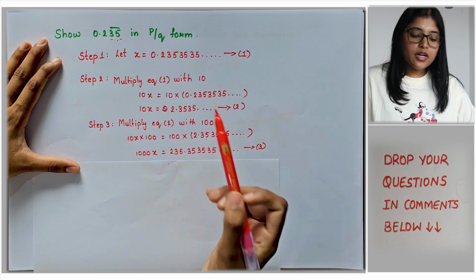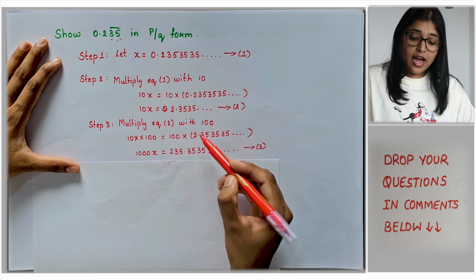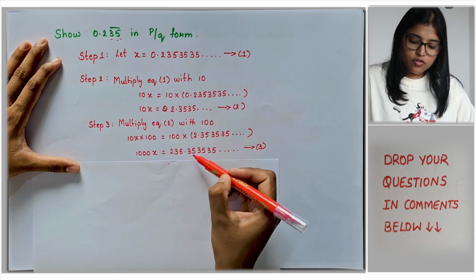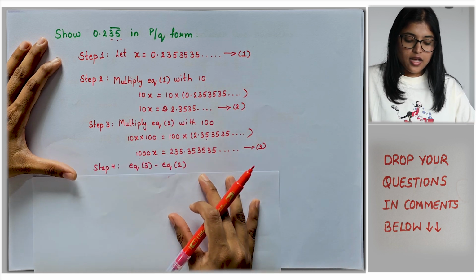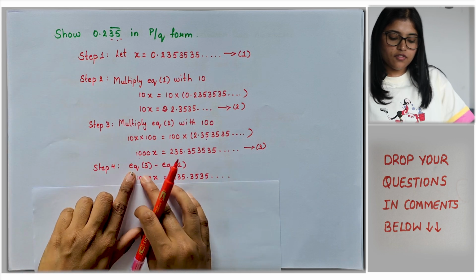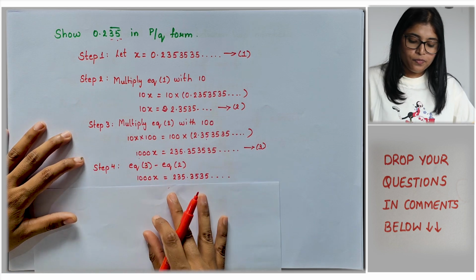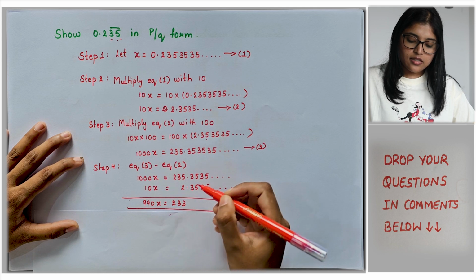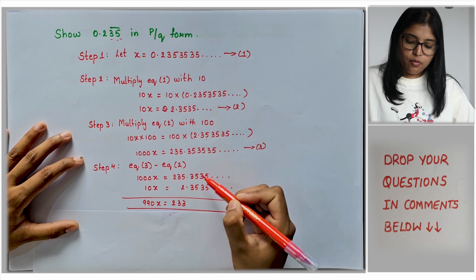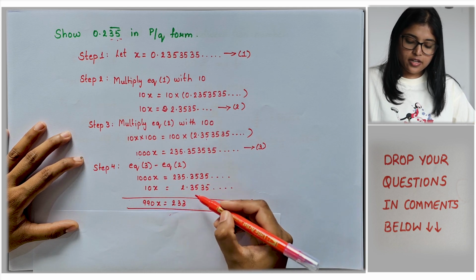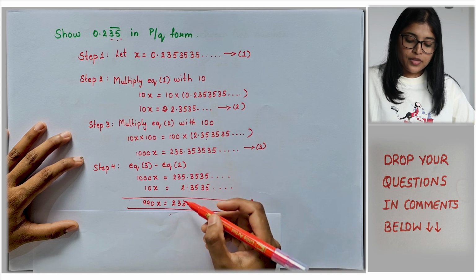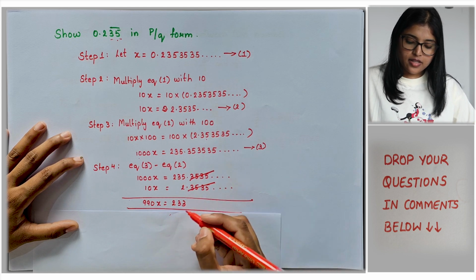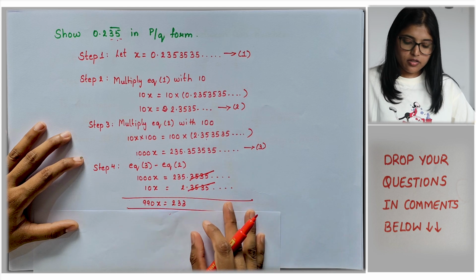Now remember, in order to bring to P by Q form, we have to remove the recurring part. How can we do that? Equation 3 minus equation 2 will get rid of that part. As you can see here, subtracting equation 3 minus equation 2 will give us 1000x minus 10x, which is 990x, and 235.3535 and so on minus 2.3535 and so on will result in this 3535 and this one get cancelled, and we are left with 233.